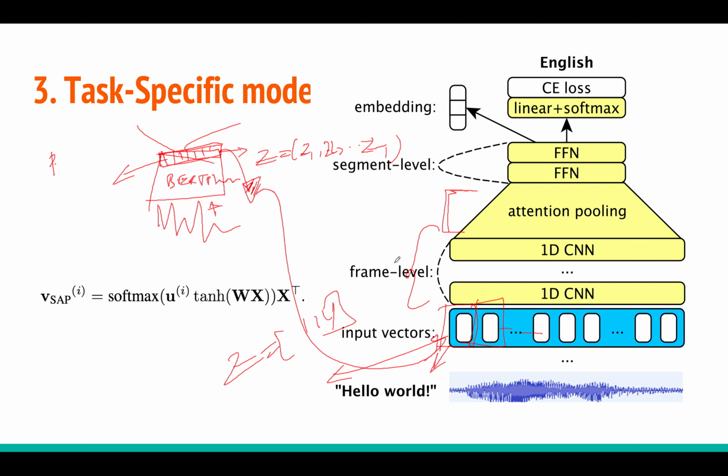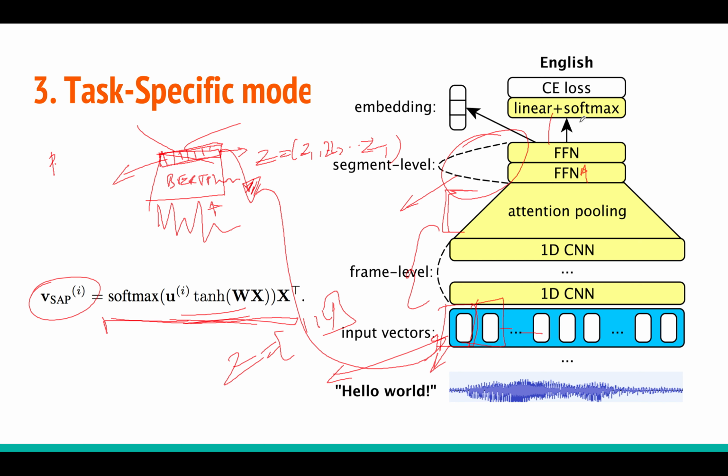How do you get the utterance level vector? You use attention pooling, which is similar to the self attention we explained in the previous slide. You have the W matrix and the input X, you apply a very simple attention layer, and you get the utterance level vector. That vector goes through a feed forward network to capture segment level features.